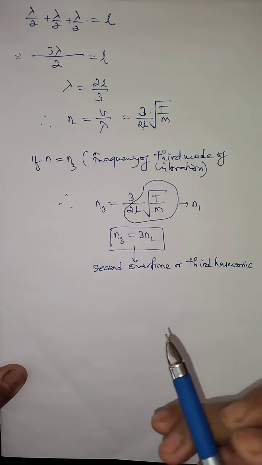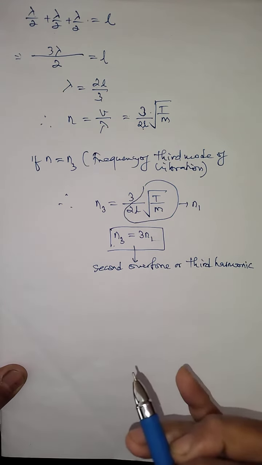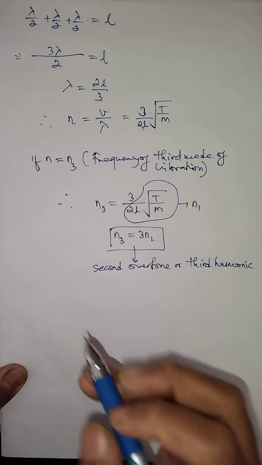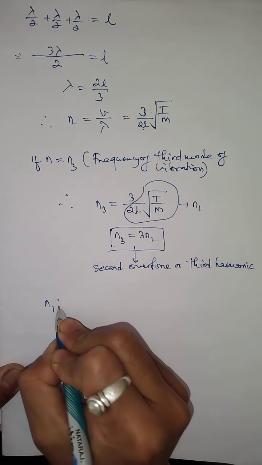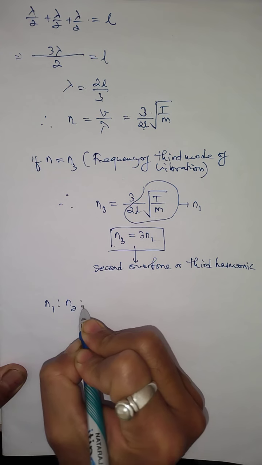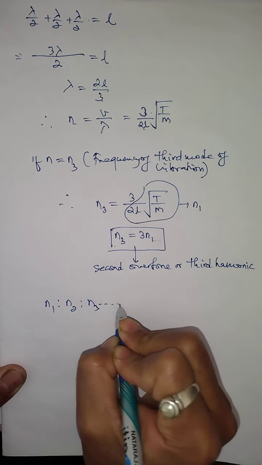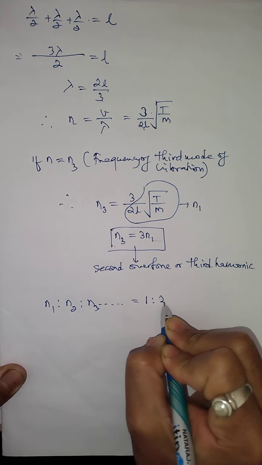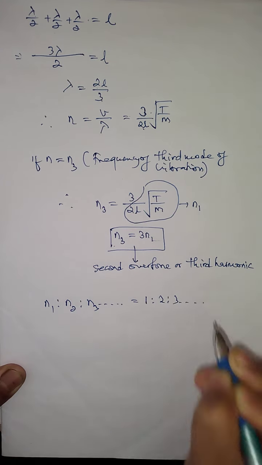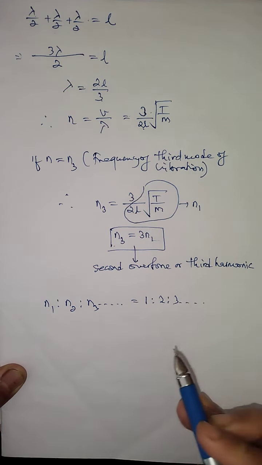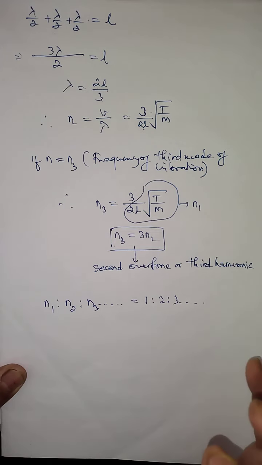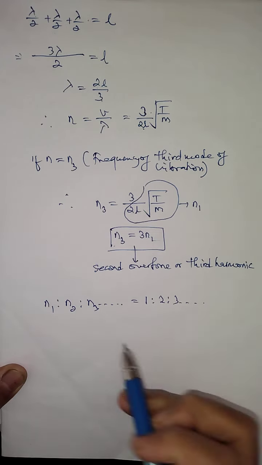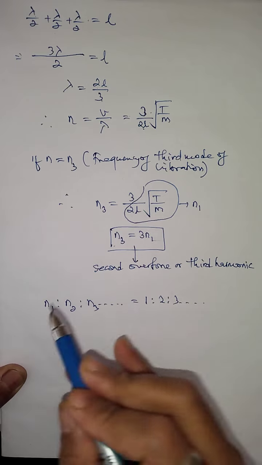That's why we can write the frequencies of the fundamental tone and the overtones of a stressed string by the ratio n1:n2:n3, and so on, equals 1:2:3. That means in the case of a stressed string fixed at both ends, we get all the harmonics, even and odd.